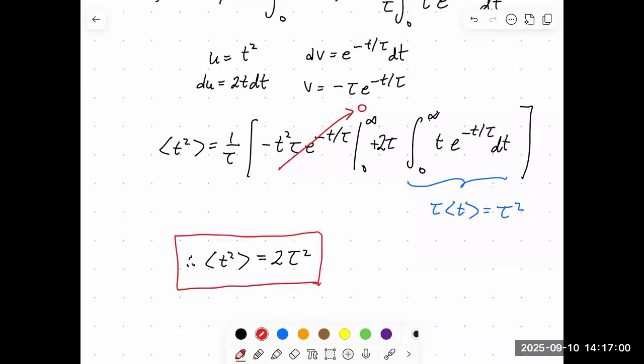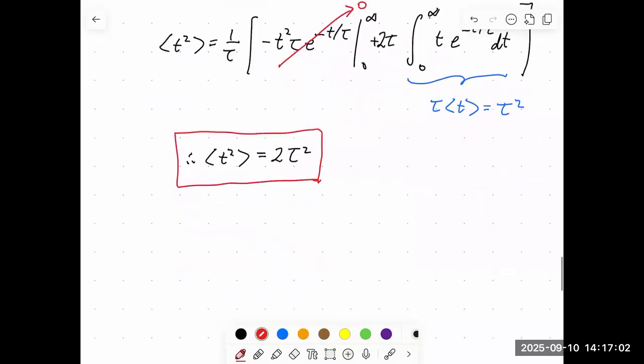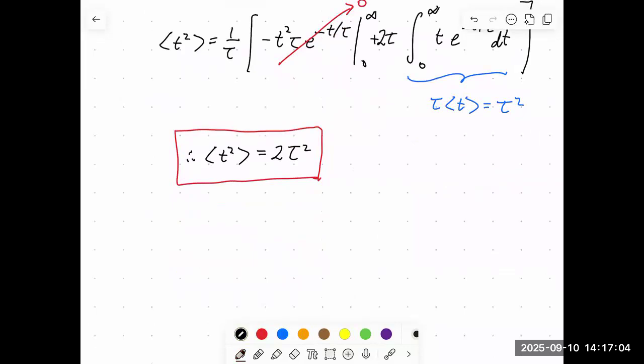Okay, so now that we have the expectation value of t and of t squared, we can calculate the standard deviation or the spread of our distribution, the spread of lifetimes of the muon.